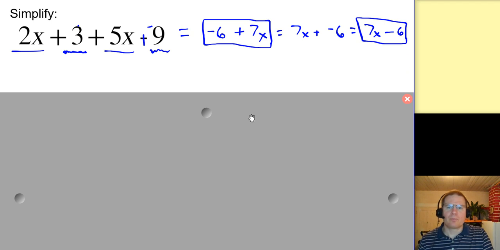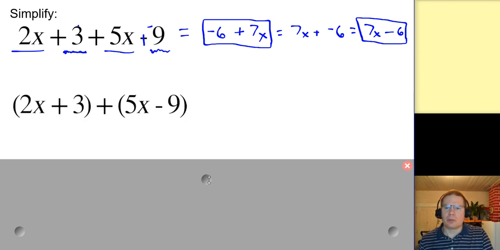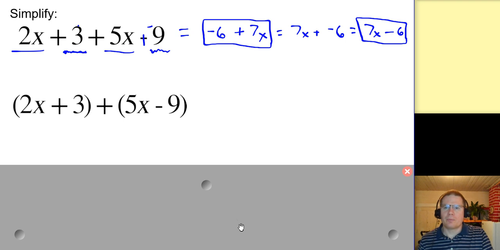Okay. Let's look at this problem now. How does this expression compare to this expression? Okay, we have grouping symbols now. So what's being grouped? I have this addition between these two terms separated out from this addition, right? Minus is always going to be the same as plus negative.